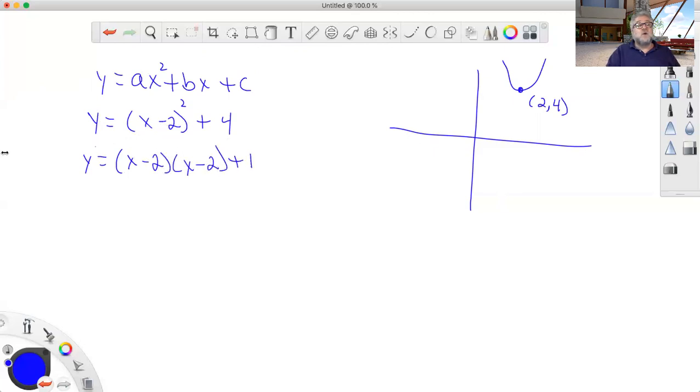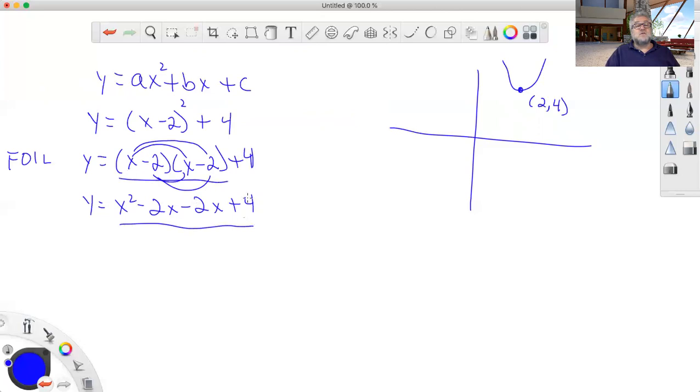We have to use the FOIL method to multiply this out. That would be first, outside, inside, last. And then we have the plus 4 at the end, right? So if I add it all up, this is x squared minus 4x plus 8.